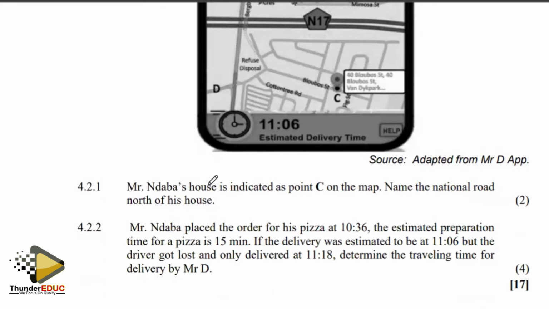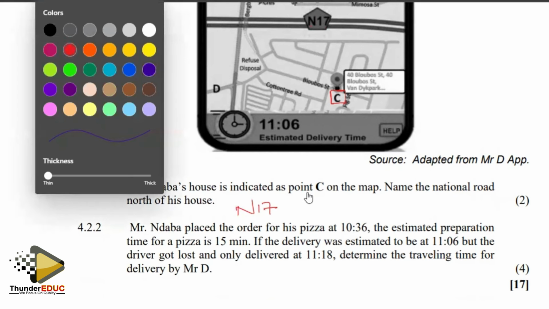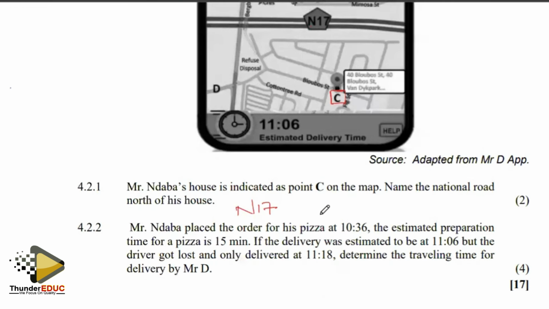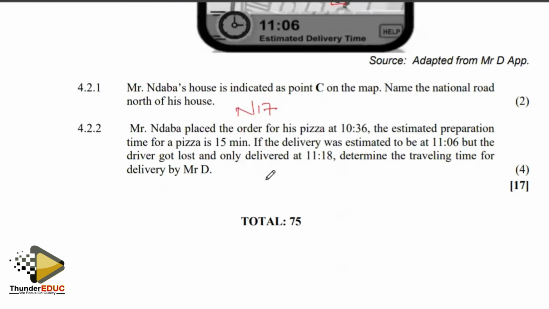Mr. Dava's house is indicated on the map as C. It's this one here. Then they are telling, name the national road that's north of the house. National road, N17. So here your answer is supposed to be N17.